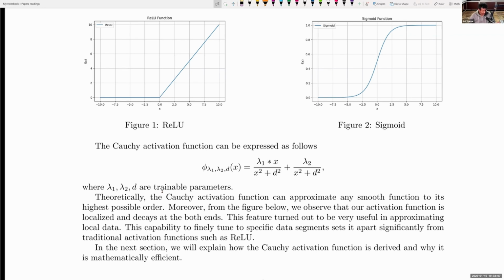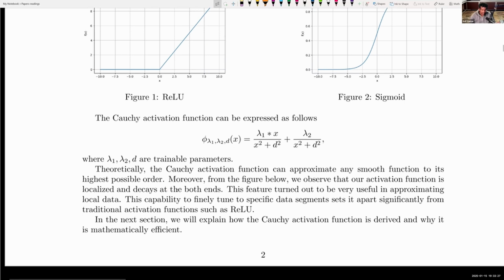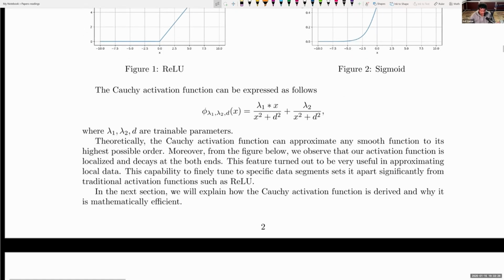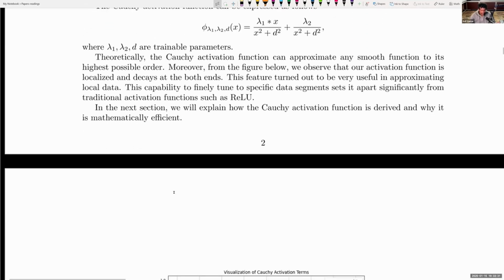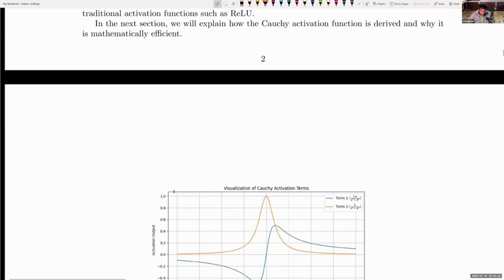So unlike the MLP case where we had fixed activation functions, this paper is proposing to make the activation function itself learnable, and it is parameterizing it with just 3 parameters. And they go on to show that it gives good results in varied types of scenarios. So that's essentially the crux of the paper.